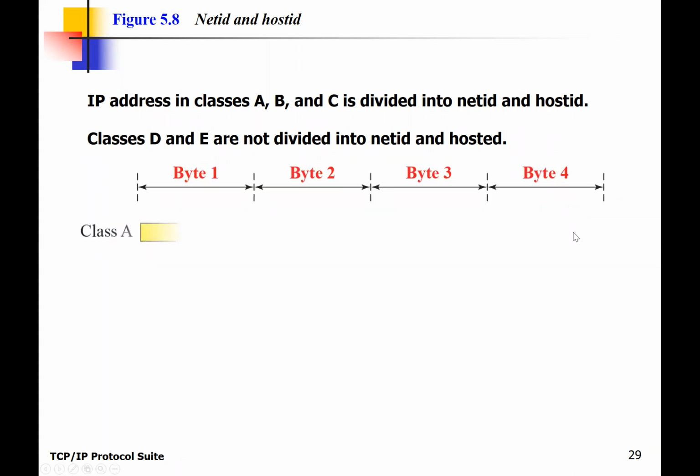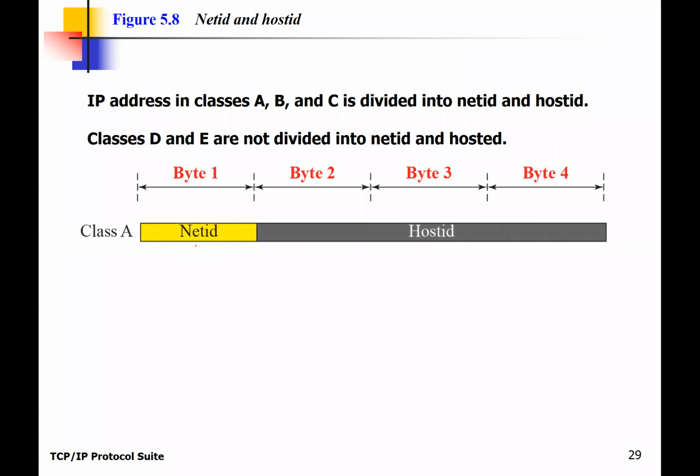So now what is the net ID for class A? The first byte is the net ID for class A. So the first 8 bits, or the first byte, is the net ID. The remaining is the host ID. Okay, we'll see why, but keep that in your mind. Now, what about class B?